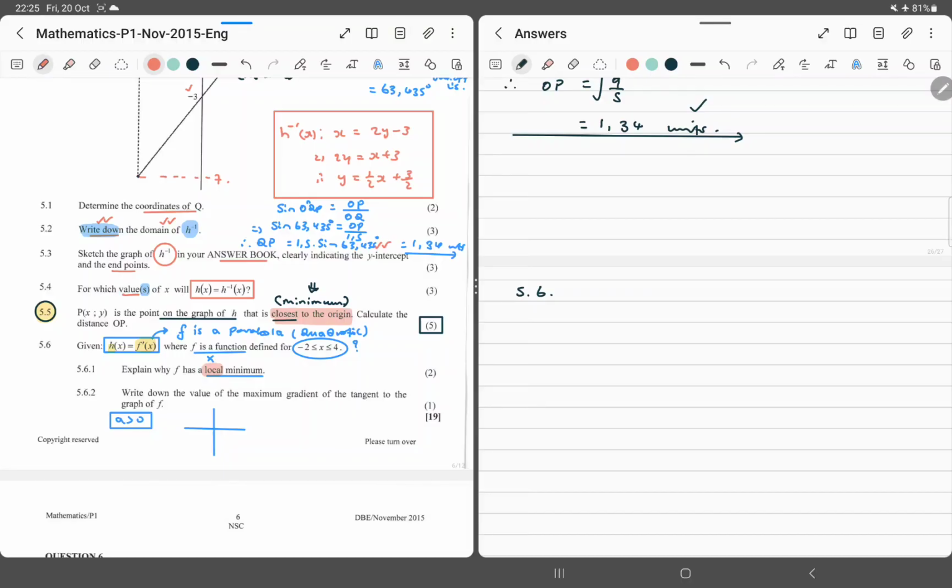We don't really care where it's turning, but let's say f looks like this. Where is the minimum value? The minimum value is the y value at the turning point. So there is the minimum value.